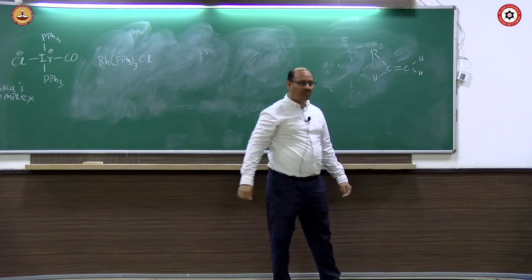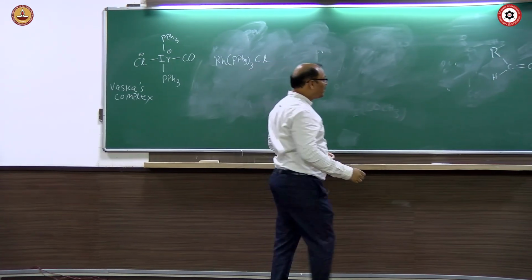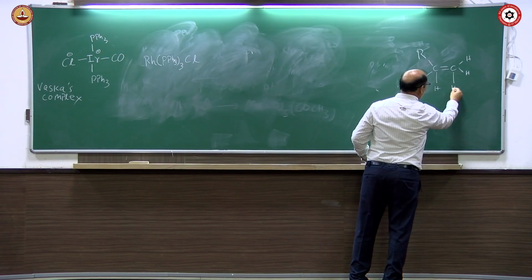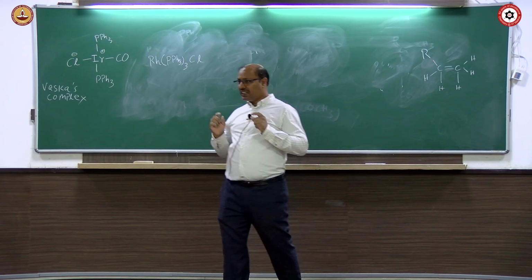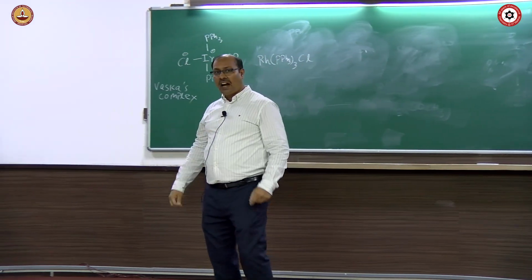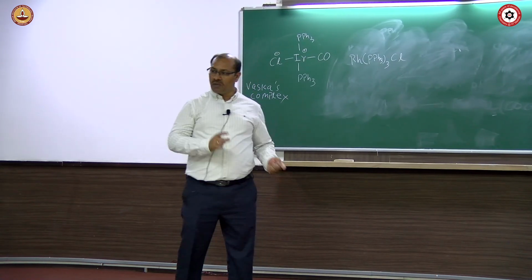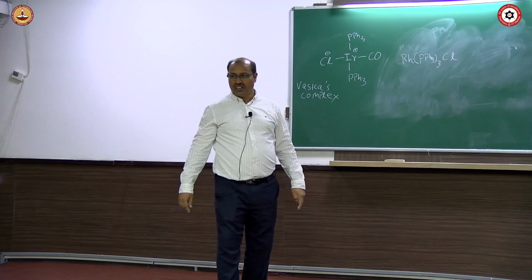This is olefin. A molecule of hydrogen comes, adds there. Carbon-carbon double bond, across that a hydrogen molecule is added. This is called hydrogenation of olefin or alkene hydrogenation or conversion of alkene to alkane. That can be done using Wilkinson catalyst.